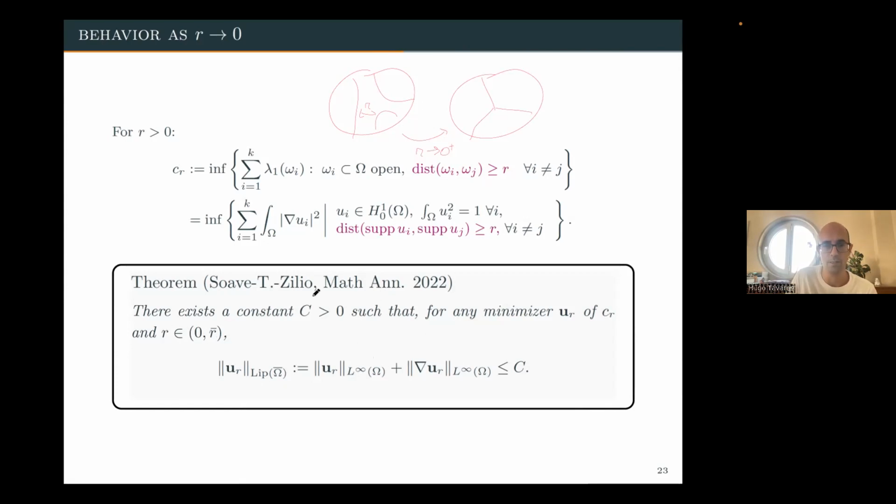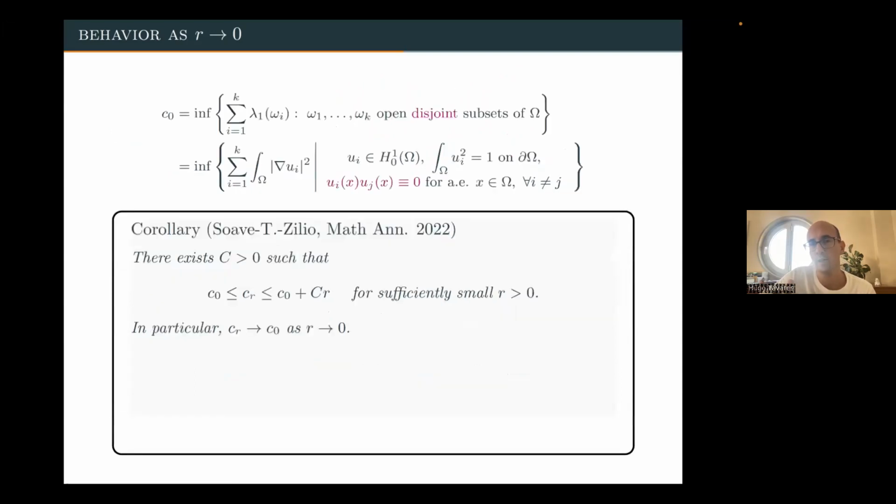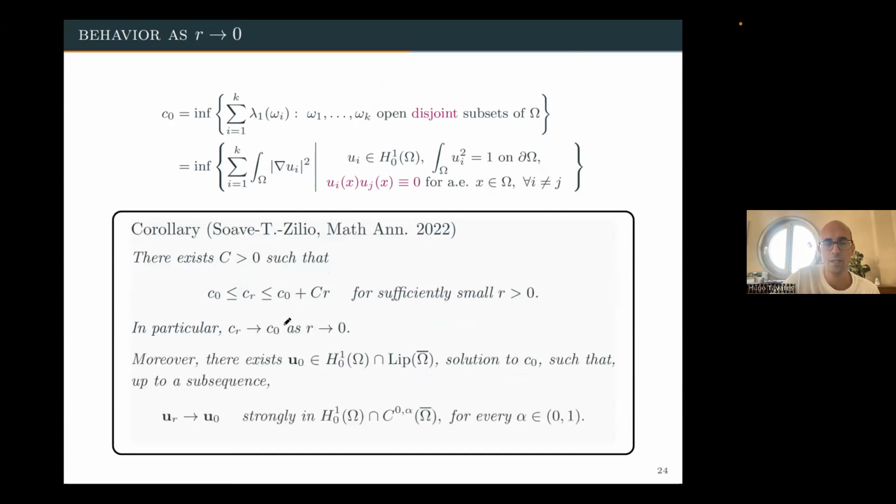Okay, so this is the content of the paper, right? So these optimal bounds. And so as a simple corollary, actually we can show a precise relation between the two levels. Okay, one is the other plus o of R. So the levels converge, the energies converge. And so if you take a solution of eigenvalues of the non-local case, at the limit, you get a solution of the local case.